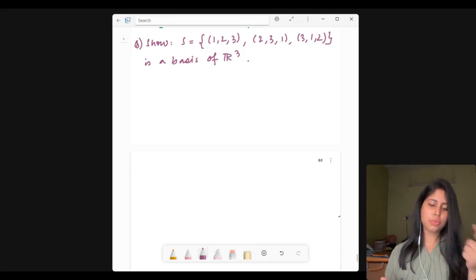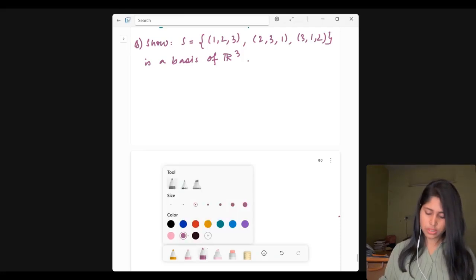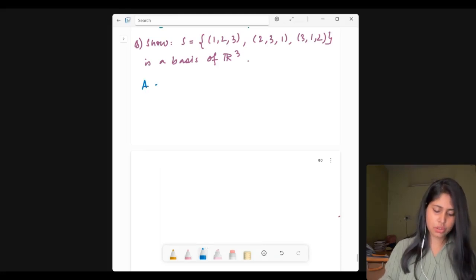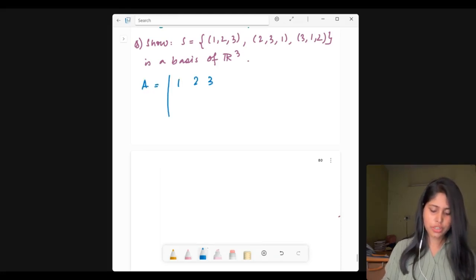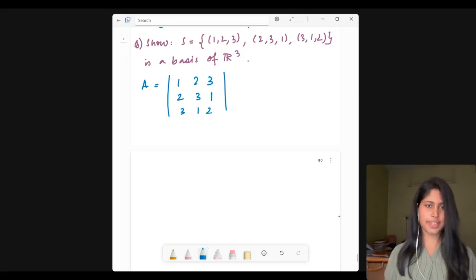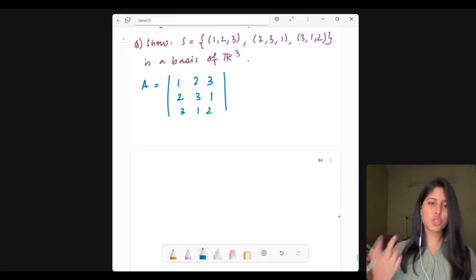And then next we will find the determinant. Let us say A is equal to the matrix with rows (1, 2, 3), (2, 3, 1), and (3, 1, 2). Now, why am I finding the determinant? If the determinant is not 0, then we can say that it is linearly independent, right? And it is also helpful for the next part of the question, which is to show that S generates V using Cramer's rule.